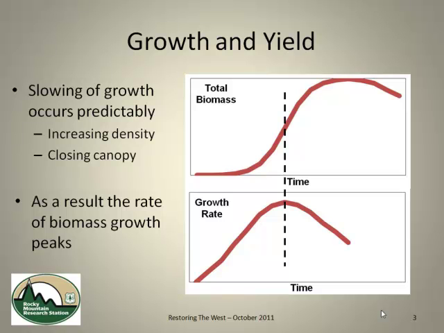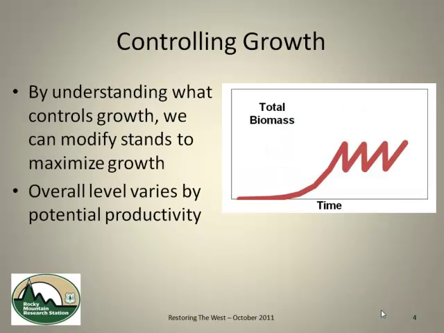So if we're interested in managing for increased accumulation, we might think about maintaining our stands somewhere near that maximum growth rate. That's the basis for doing management intervention if we're going to try and maximize growth rate.